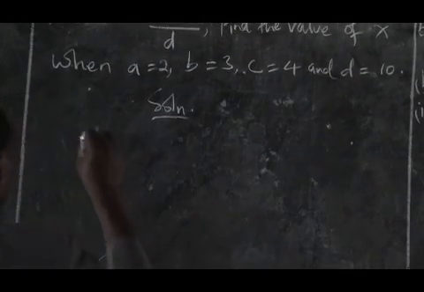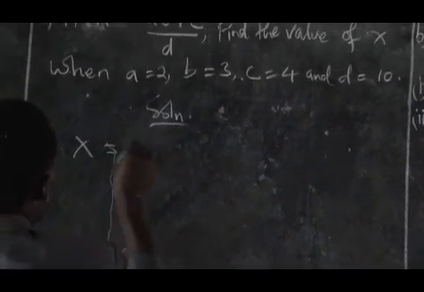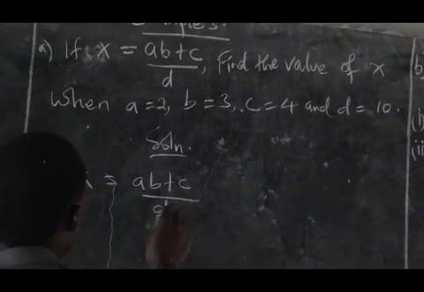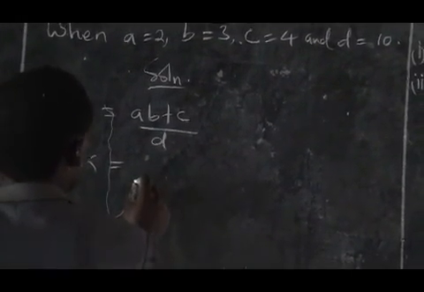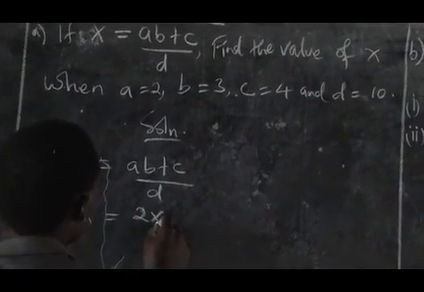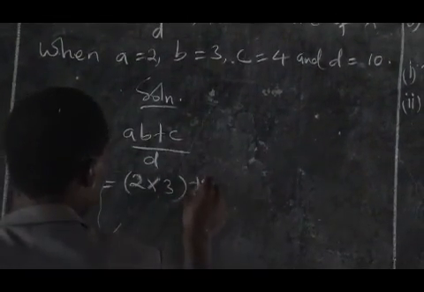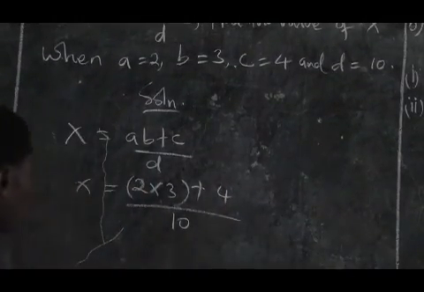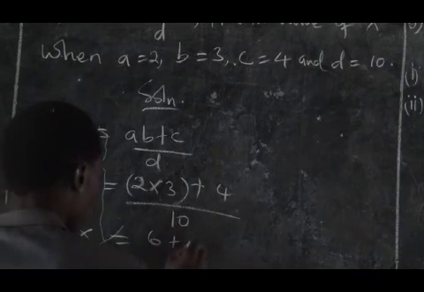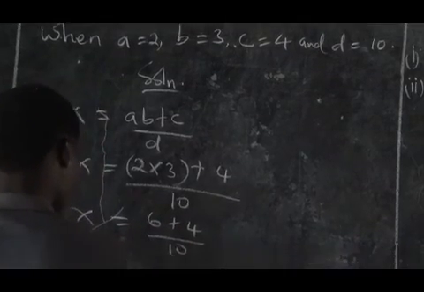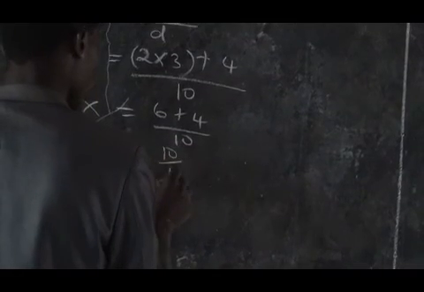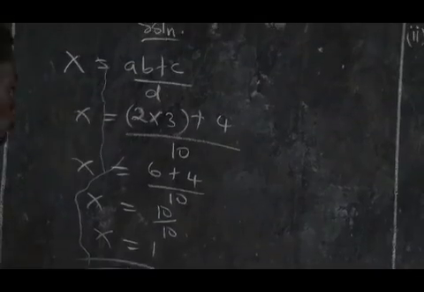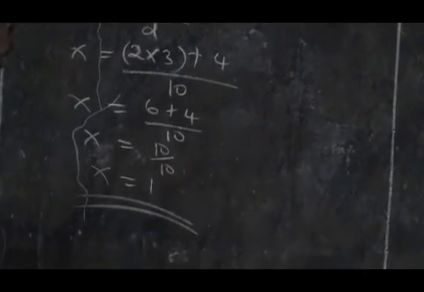So in my solution, I will first say x equals AB plus C out of D, and then x is equal to A is 2 times B is 3 plus C is 4 divided by D is 10. Anything left? No. So my x shall be equal to 6 plus 4 out of 10. My x shall be equal to 10 out of 10, which means that x equals 1, because 10 out of 10 is 1. Then they are done.